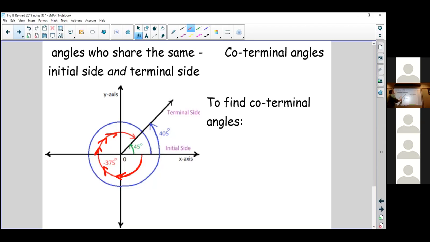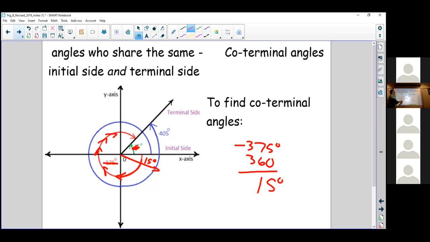So think about this. Let me change that negative 375. If I did this off to the side, I'm going to add 360 degrees to it. So that's going to give me negative 15 degrees. So the negative 375 should have been down here at 15 degrees as the reference, not this one.